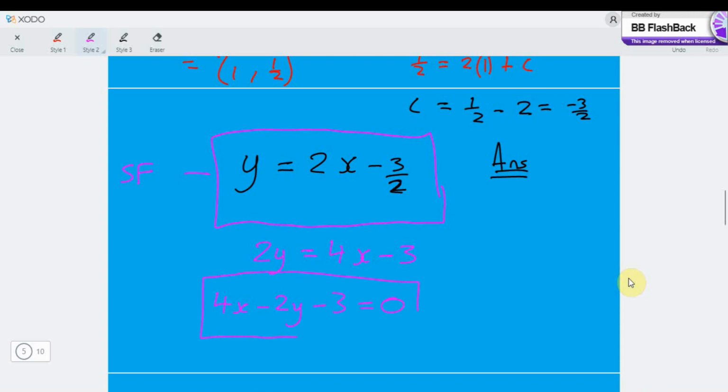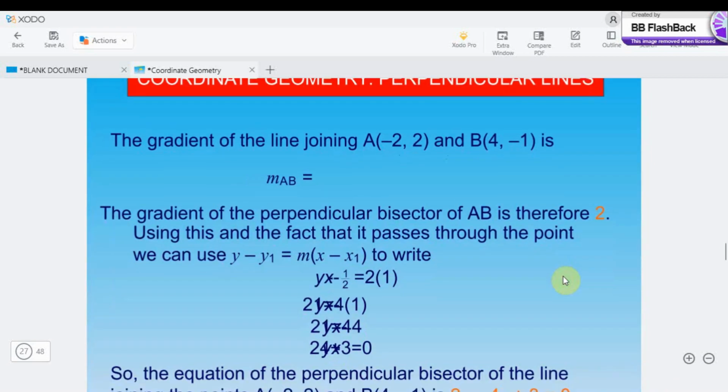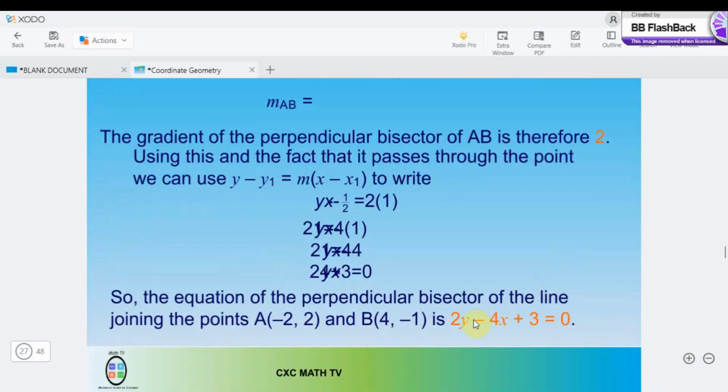This is the general form, right? So if you gave your answer in either of these forms, that's okay. Alright, so notice they gave it in the general form, just like we had.